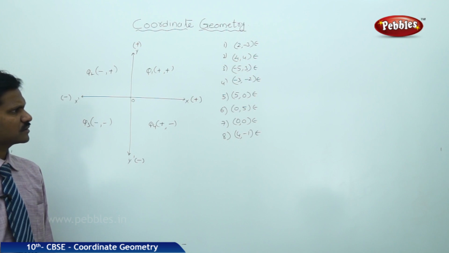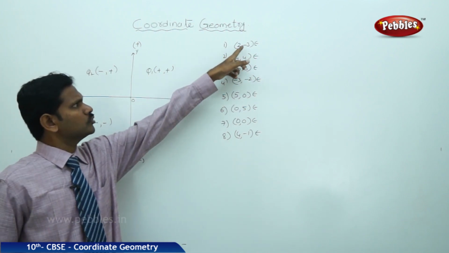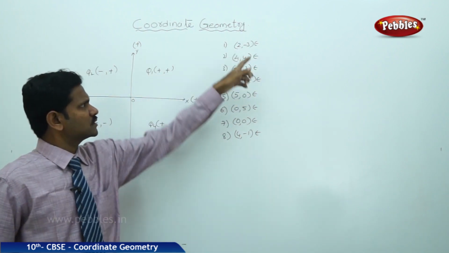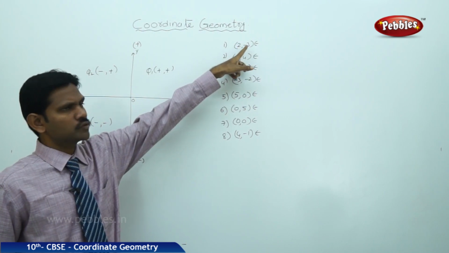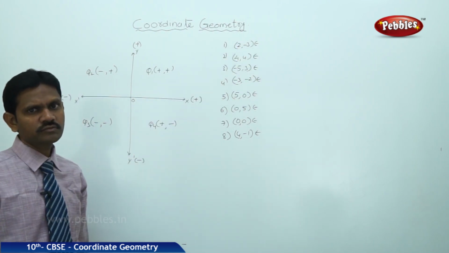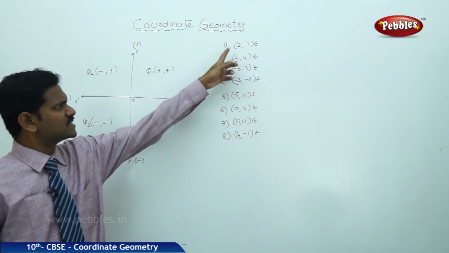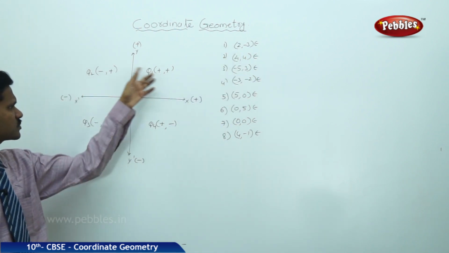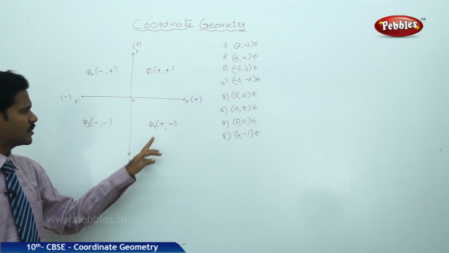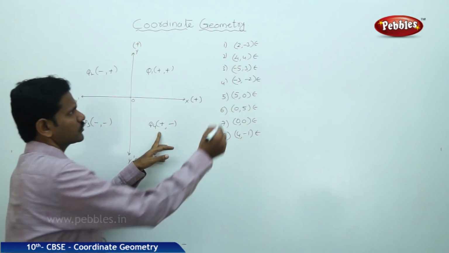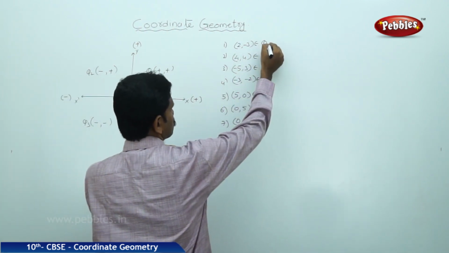Now let us see. 2 comma minus 3: 2 is a positive value and 3 is a negative value, that is plus minus. Which quadrant does it belong to? Plus minus belongs to Q4. Therefore, the first one belongs to Q4.